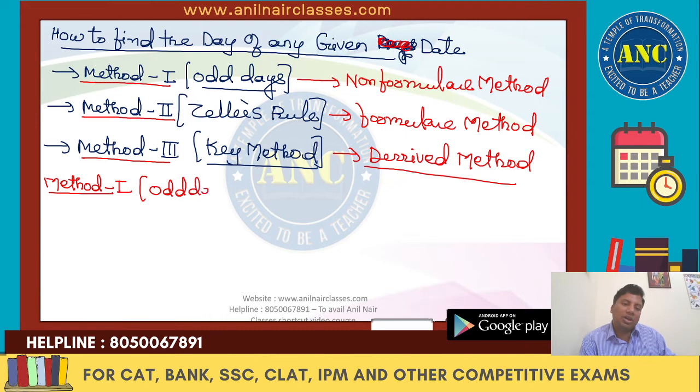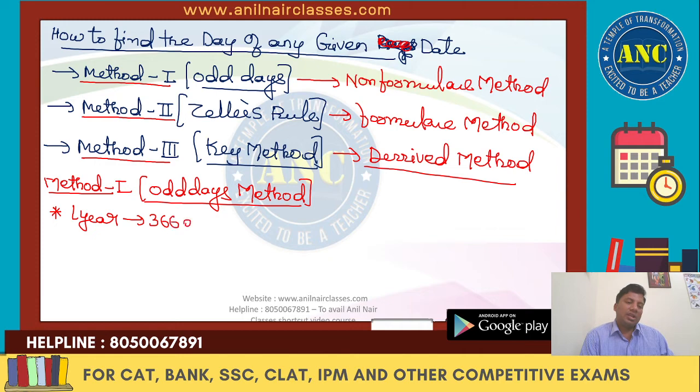What is method 1? The odd days method. In this odd days method, we require some inputs, and based on the inputs we will solve it. What are the inputs? A leap year has 366 days. It will have 2 extra days: 52 into 7 plus 2.